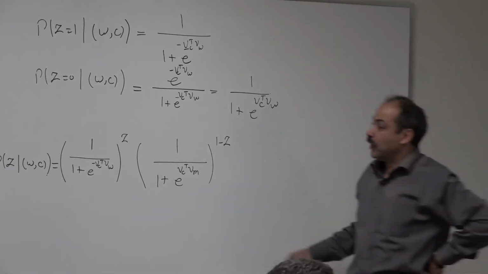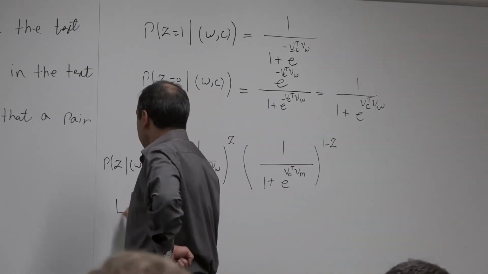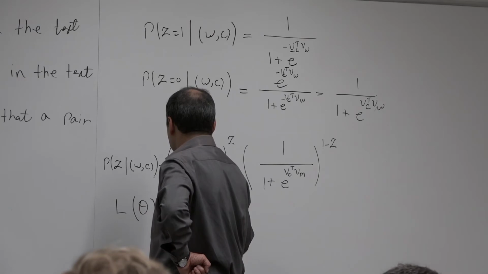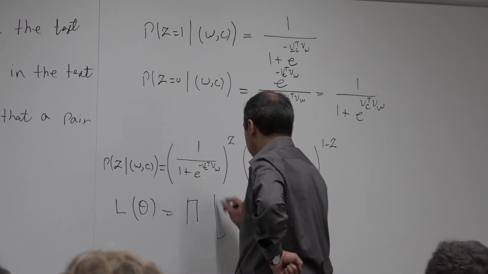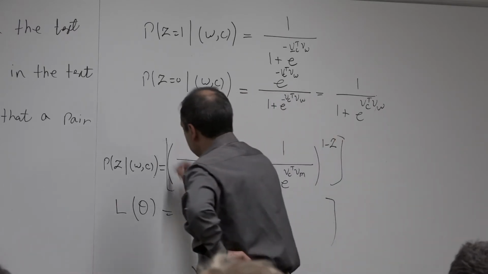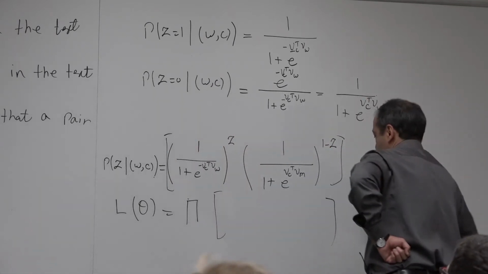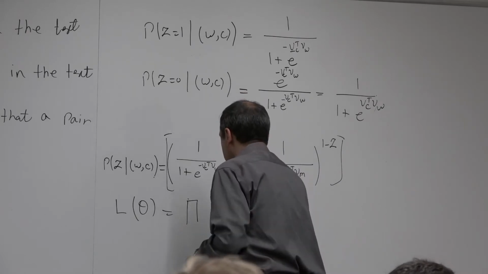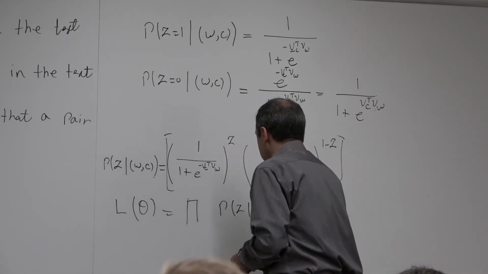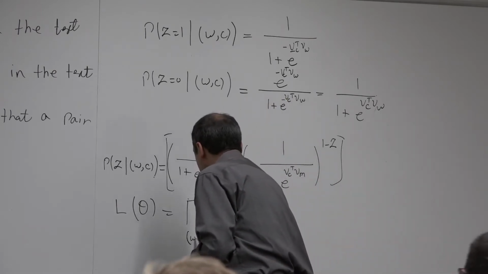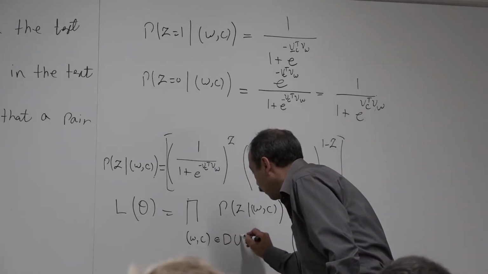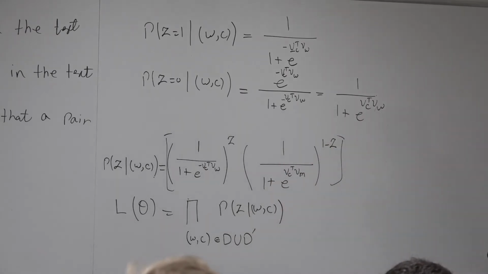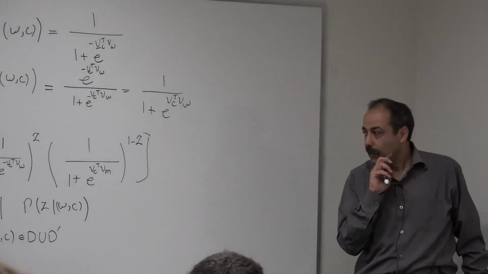If I do maximum likelihood estimation, then the likelihood of this model is going to be the product of p of z given wc over all pairs wc that are either in D or in D prime. That's my likelihood.